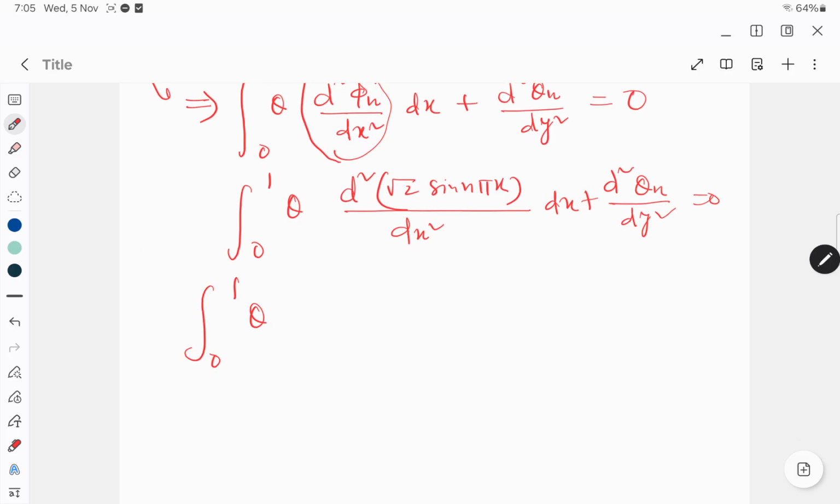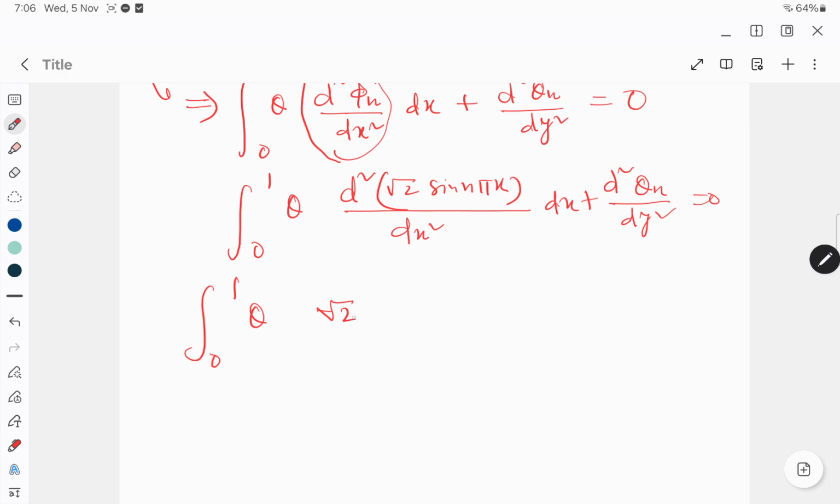Now we have to differentiate twice. If we differentiate it the first time, we will get n pi cos n pi x. The second time we differentiate, then we will get cos with a minus sign, so minus sin. Let me write it.